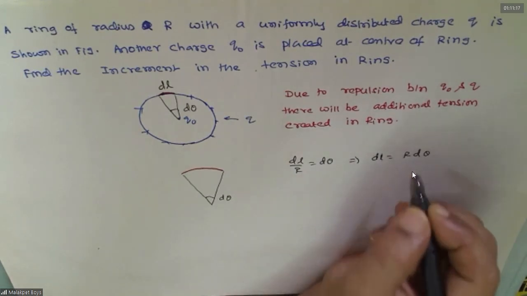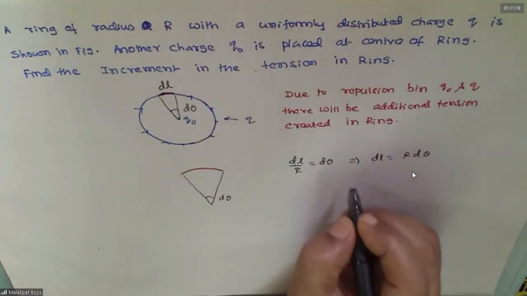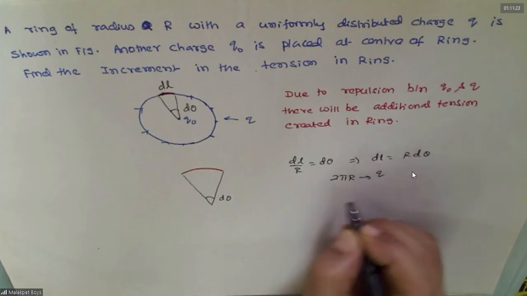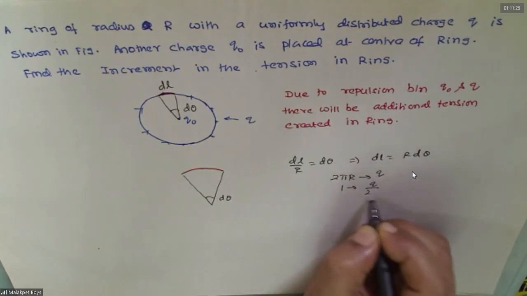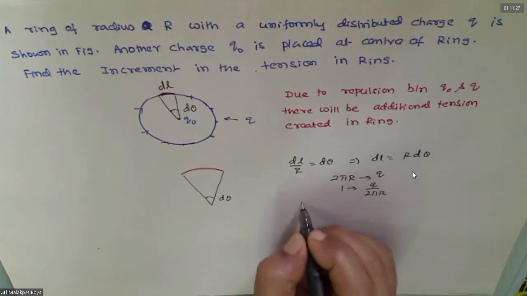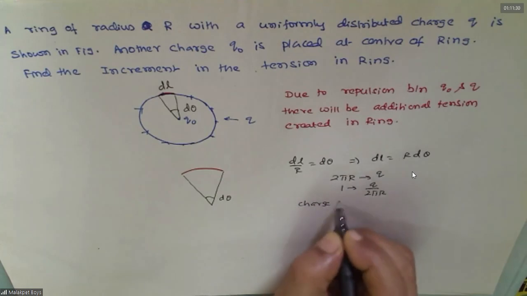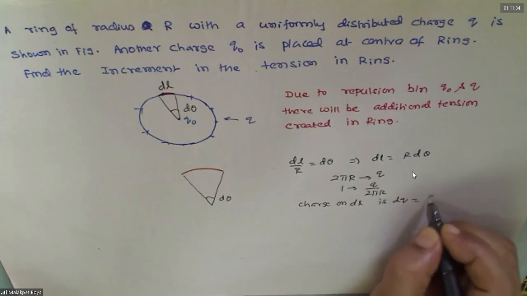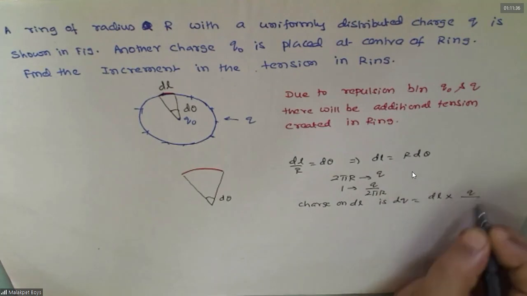Agreed. And what is the charge on this? You can see that for 2 pi r, the charge is q. For unit length, how much will it be? So charge on dl, following this or not? Following.